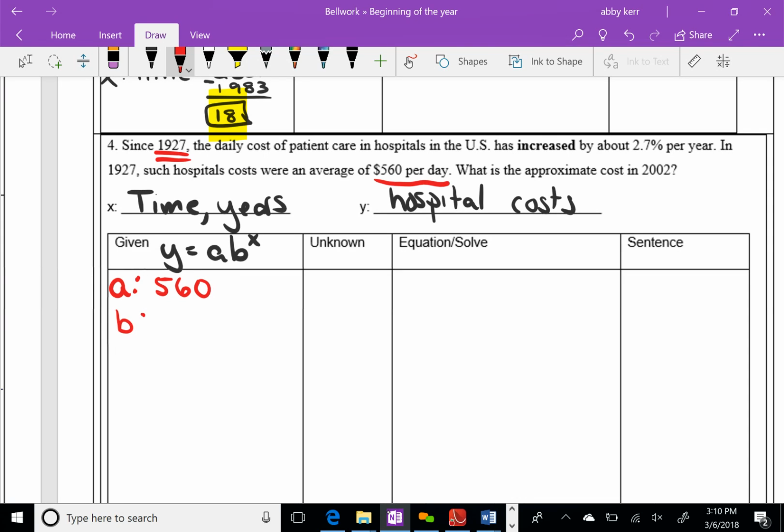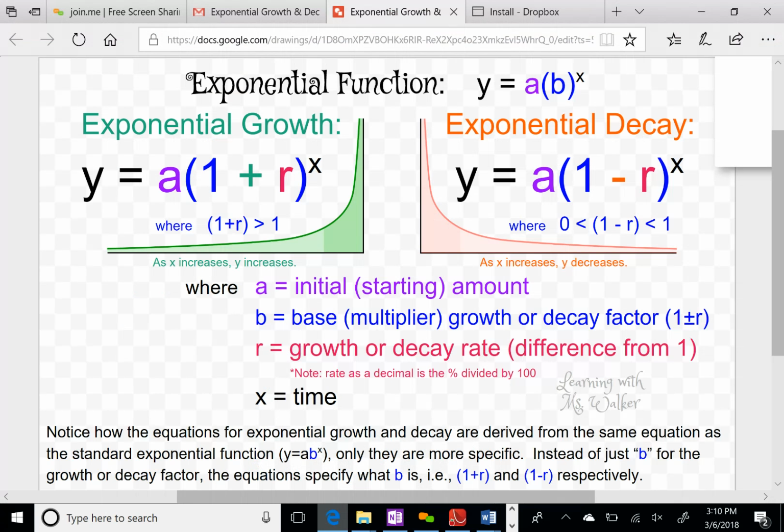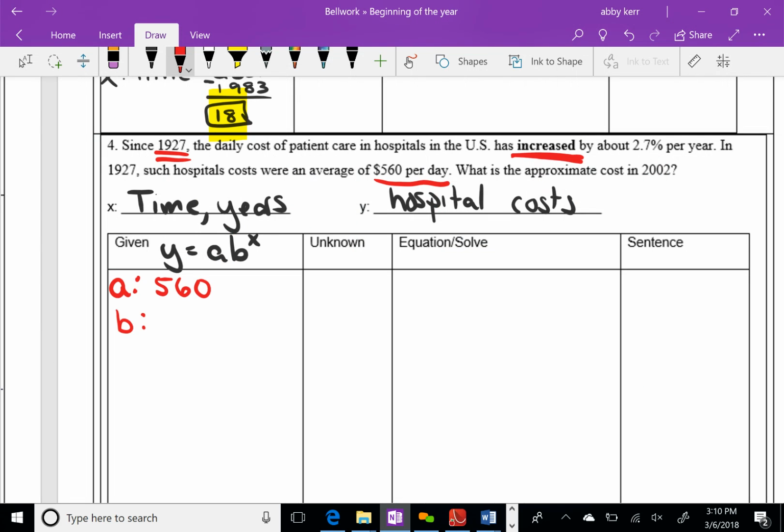Our b value, this is our new part. It says that it increased. So we want to look at our notes, and we're talking about growth. So our b value can be represented as 1 plus r. So how much did it increase? It increased by 2.7. But since it has that 2.7% to it, we need to divide by 100 to get rid of that percent symbol.